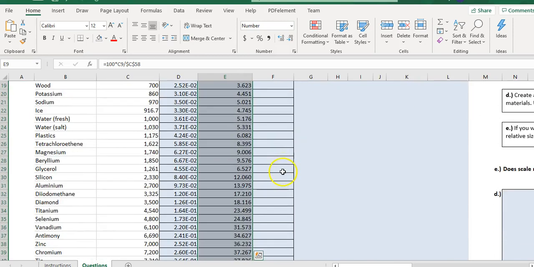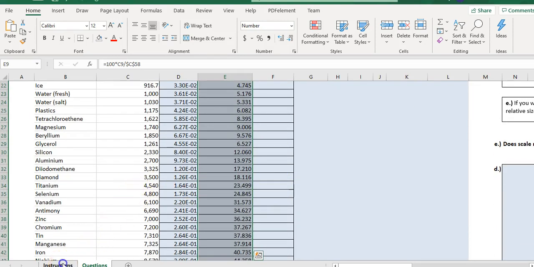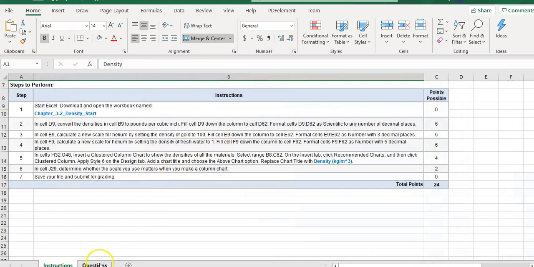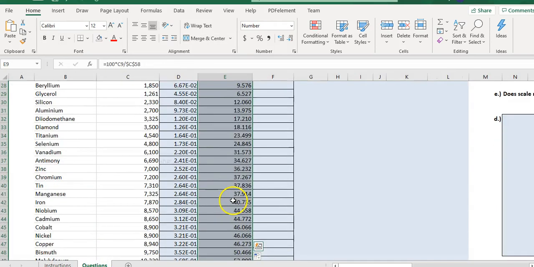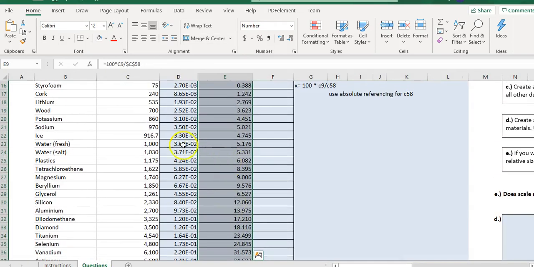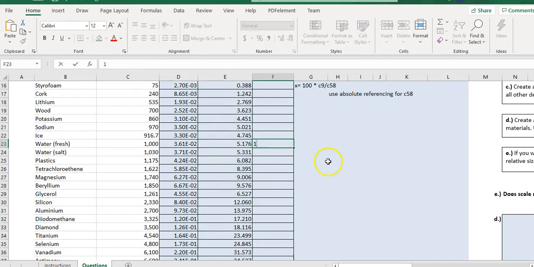So for our water scale, fresh water is right here, so we're going to want that to be 1. So what we're going to do is the 0.179, that's our helium, over 1,000 for fresh water. And then we're doing x over 1.